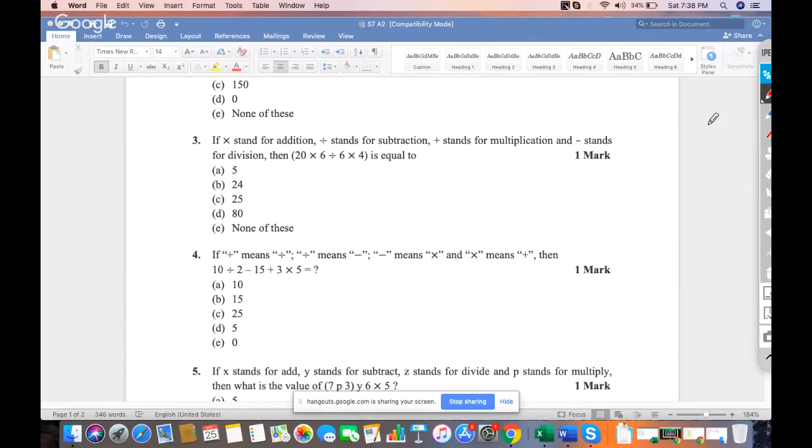That is the answer. Okay, so first one over here is multiplication. Multiplication stand for addition. So 20 plus 6.